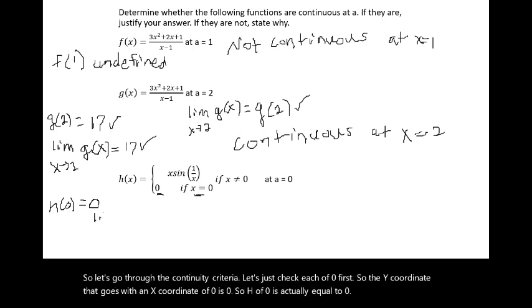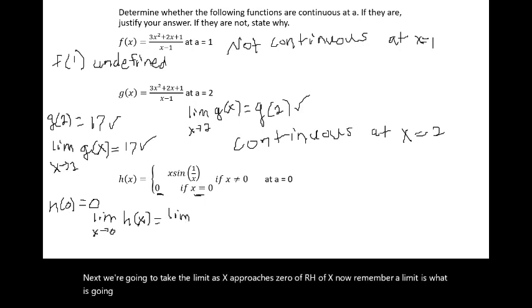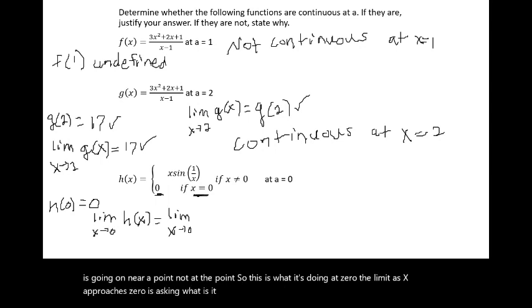Next, we're going to take the limit as x approaches 0 of our h of x. Now, remember, a limit is what is going on near a point, not at the point. The limit as x approaches 0 is asking, what is it doing everywhere else besides 0? What is it doing at points near 0, not at 0?